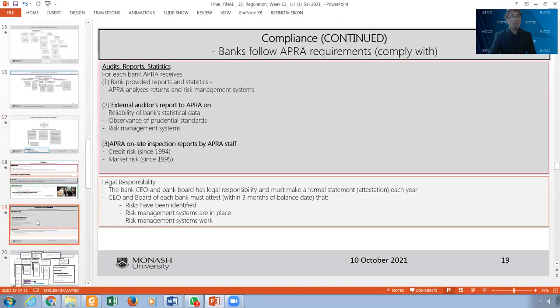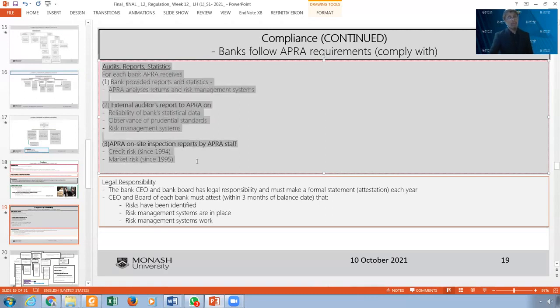Now, also in compliance, you have to send audits. You have to audit it. You have to send reports and statistics. This is one of the information that you have to send to EBRA. EBRA also wants the external auditor reports, so they want to see things are okay. And also EBRA will send their team to check. As you can see, all of those are part of the information that EBRA receives.